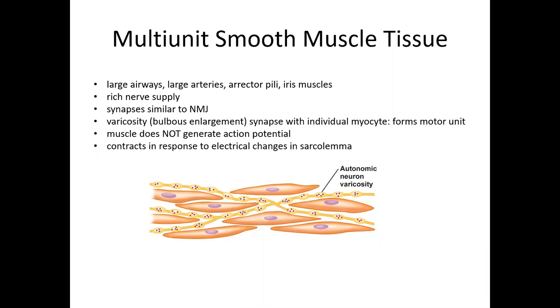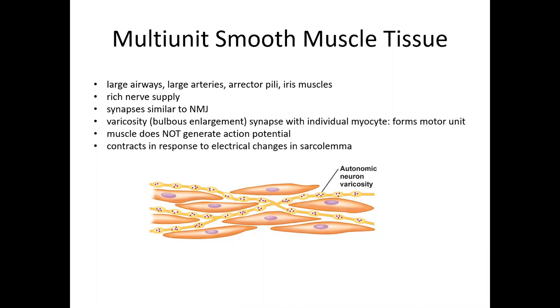This one, in contrast, has a very rich nerve supply, and the synapses here are akin to those we learned about in the neuromuscular junction, where that varicosity synapses with one individual myocyte. So we have that motor unit complex that we talked about before.